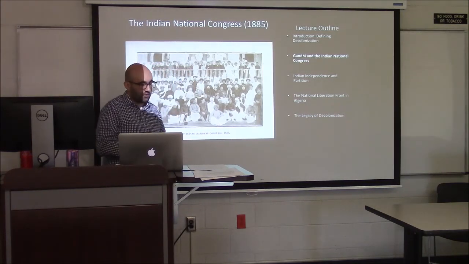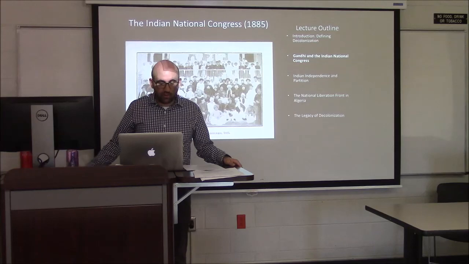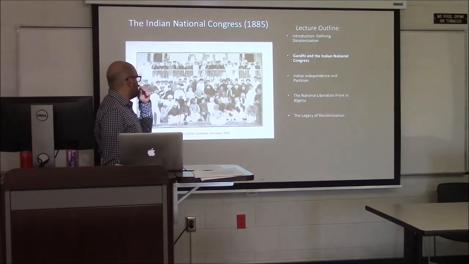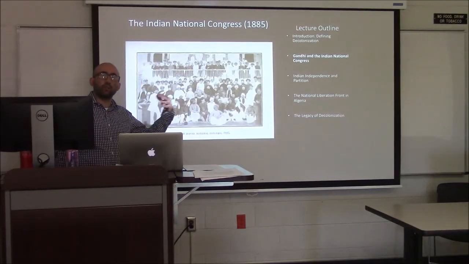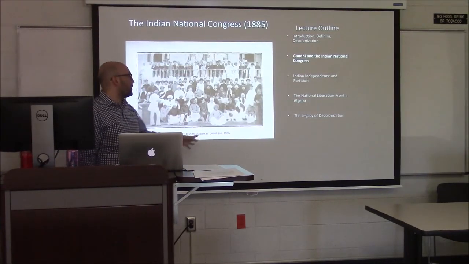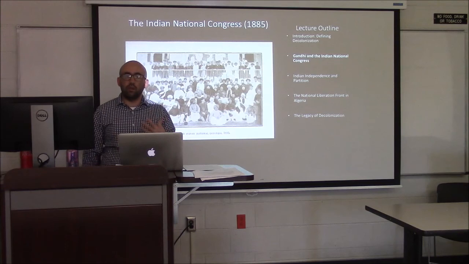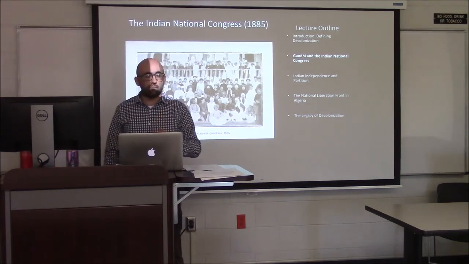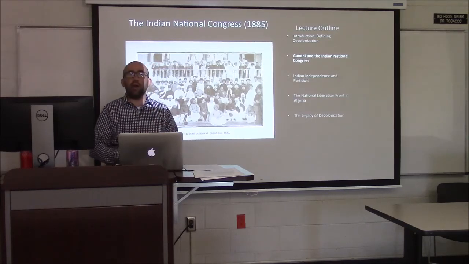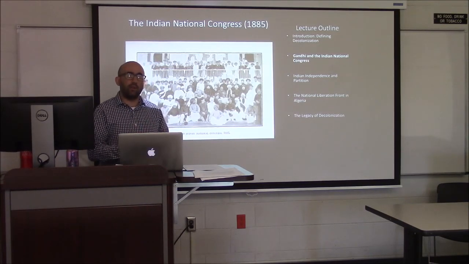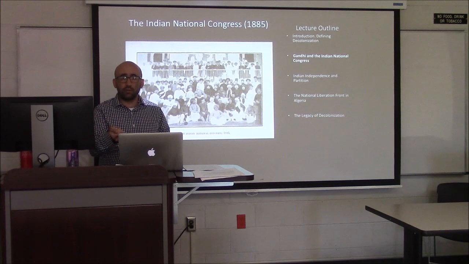So here we have an image of the first Indian National Congress. One irony, if anyone's interested, note the dress of the Indian National Congress. So I just argue that they are modernizers, but the Indian National Congress often dressed in more traditional Indian clothing, even though they are fairly Western-oriented. And that continues to today. The current leader of India is actually a member of a Hindu nationalist party.